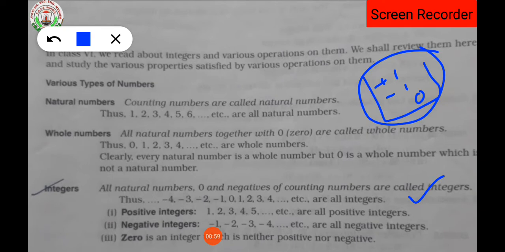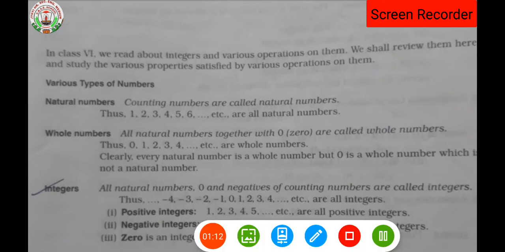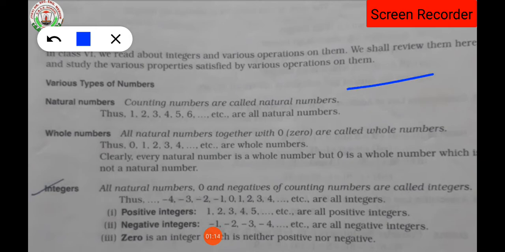Now, as I told you in the previous video, there are 3 types of integers. First is the positive integer, second is the negative integer, third is 0. Positive integers are all positive. This I can explain to you by drawing the number line. Suppose this one is the number line we are having. 0 exists at the middle. At the right hand side of 0, all the positive numbers exist.